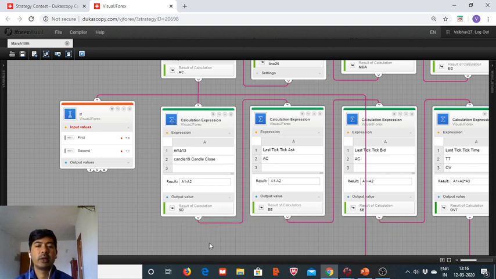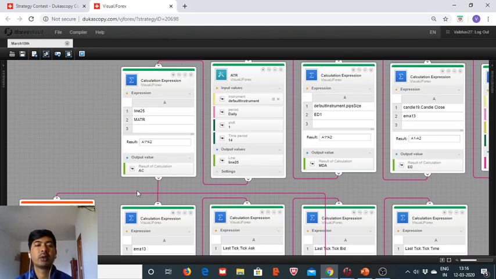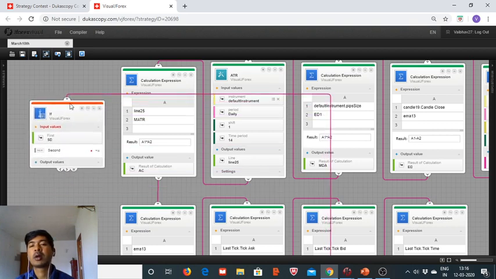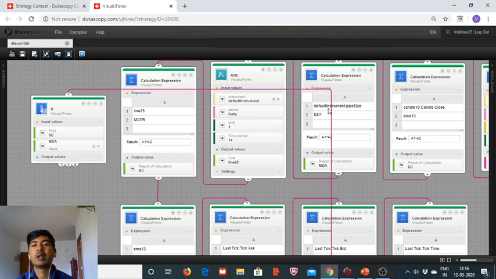So we bring these conditions as D here, and we have defined the 15 pips value in this condition. So yes, it is at 15 pips, and this is the default instrument pip size, that will mean 15 pips for the Euro USD.